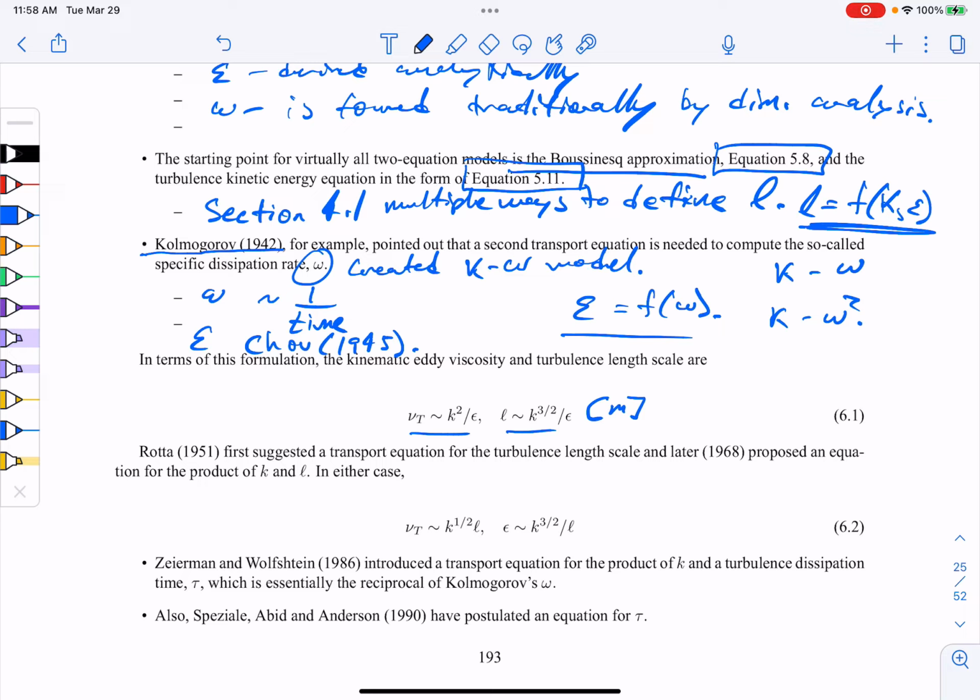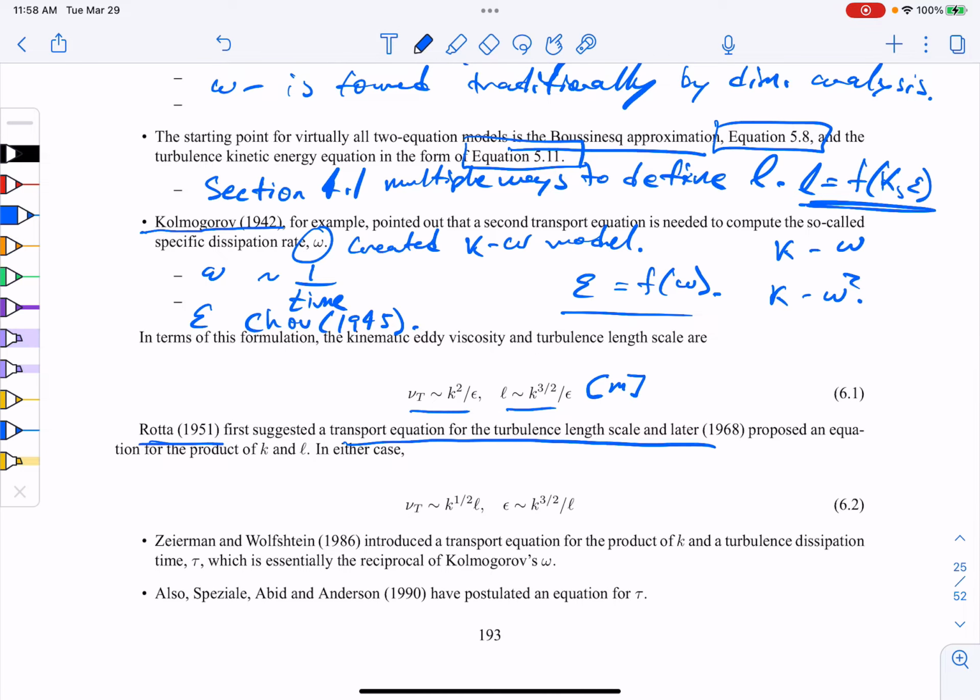But one example is Rotta in 1951. He proposed the first turbulent length scale model, but with slightly different forms of how he did eddy viscosity, k to the half L. So if you have a KL model, you obviously don't have epsilon, so instead of epsilon, you'd have L to recover your eddy viscosity. Simple things.